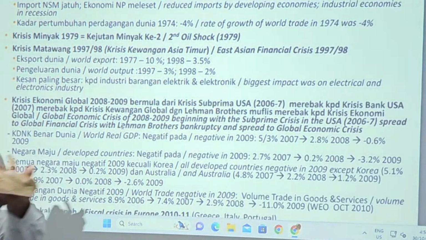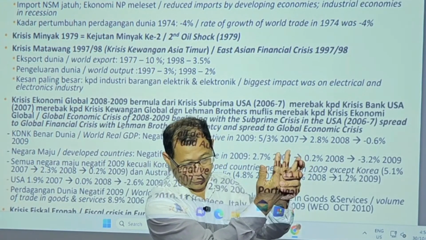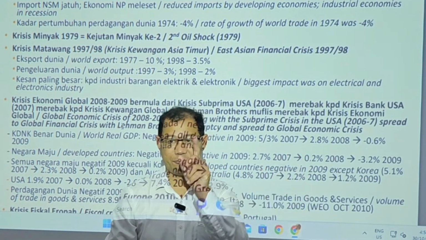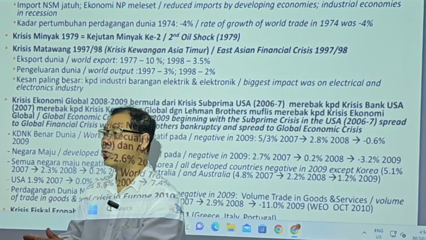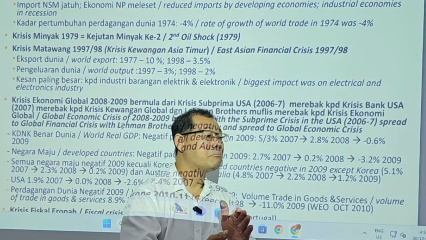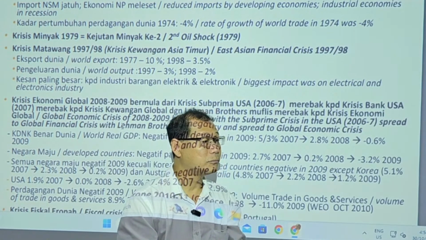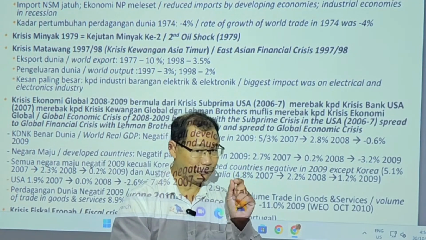From housing to banks, Wall Street to the global economy. For the first time, in 2009, Toyota, for the first time in the history of Toyota, lost. Red. Toyota never had a red in 2009.